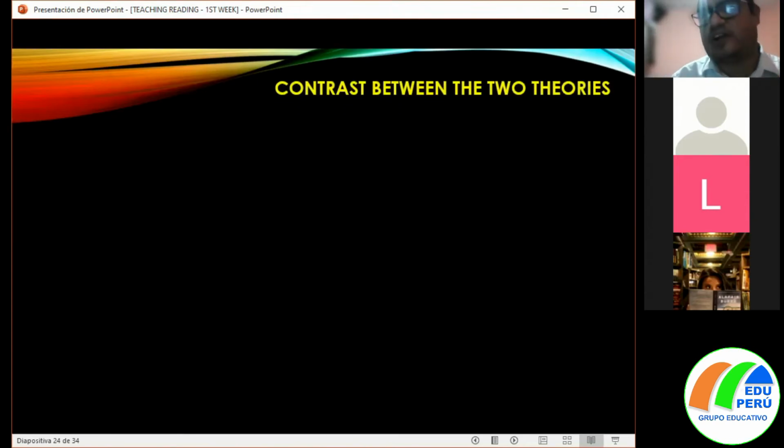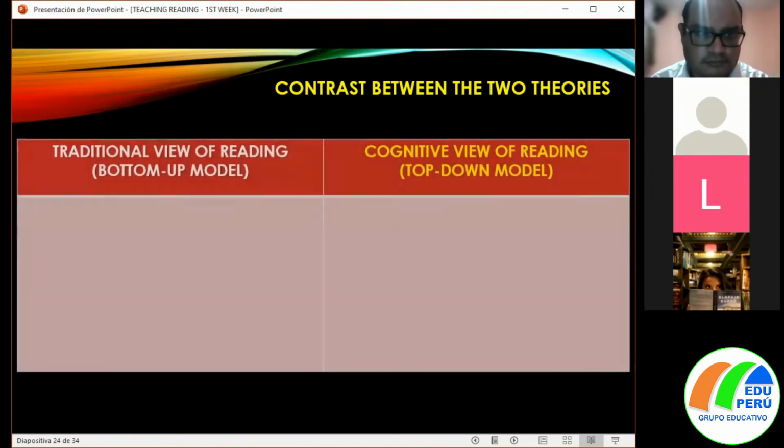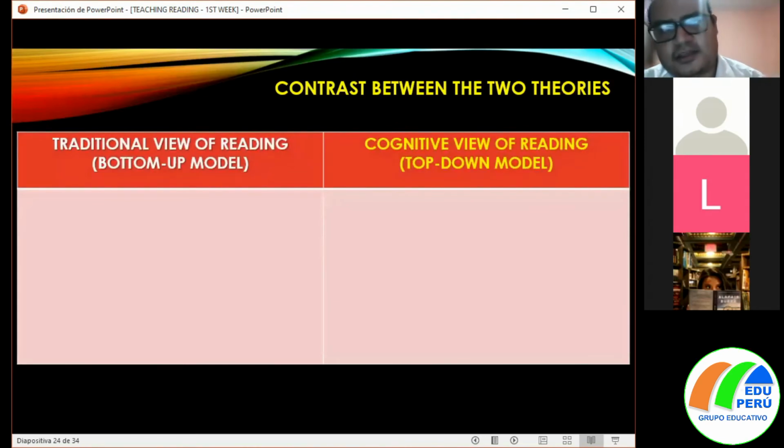Now we are going to make a contrast between these two theories, all right? The traditional view of reading, bottom-up, and the cognitive view of reading, top-down. Remember, we have the theories and we have models. The theory is the traditional theory, and the other is the cognitive theory.